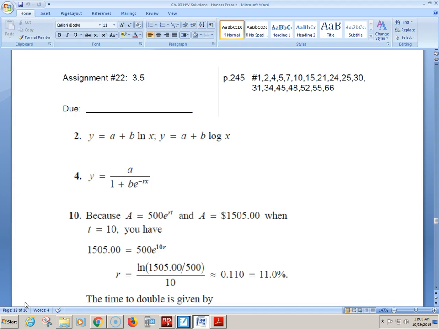The second word problem from section 3.5 is an exponential growth equation, but I give it to you. You don't have to have it memorized.